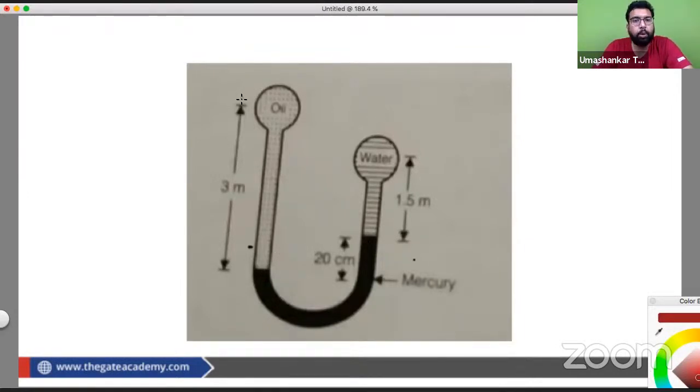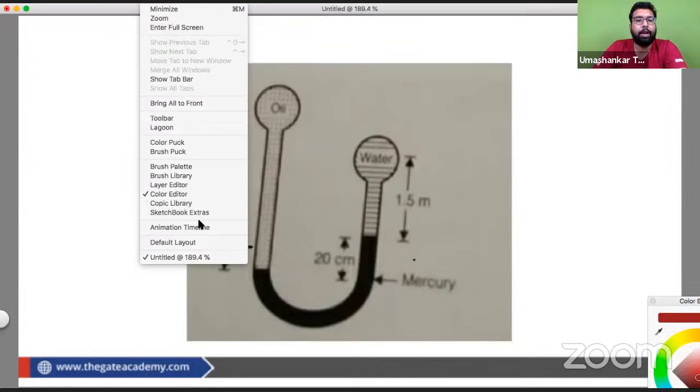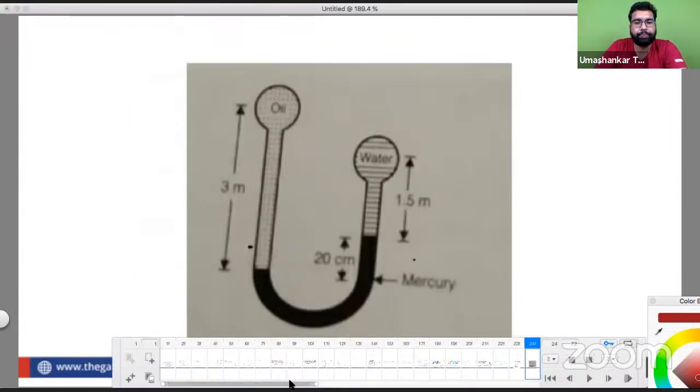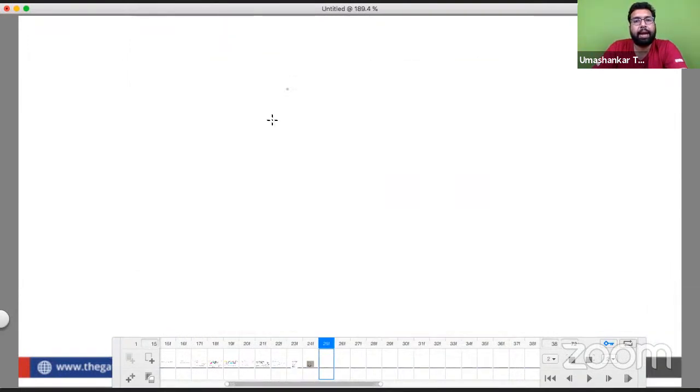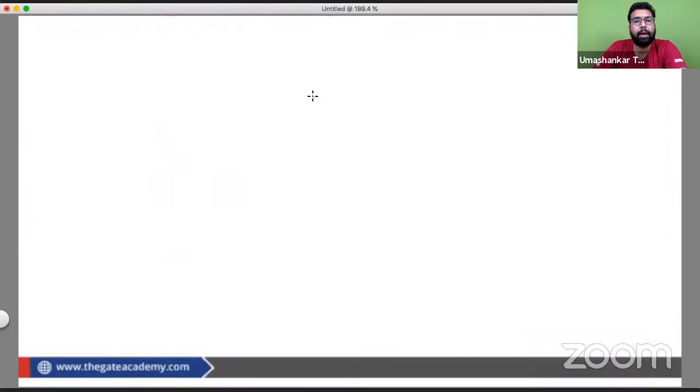Okay, so let's do it like this. How much shall the pressure increase? In this condition, what is the pressure difference? Let's try to evaluate that first. Okay, in this condition, change everything to water.